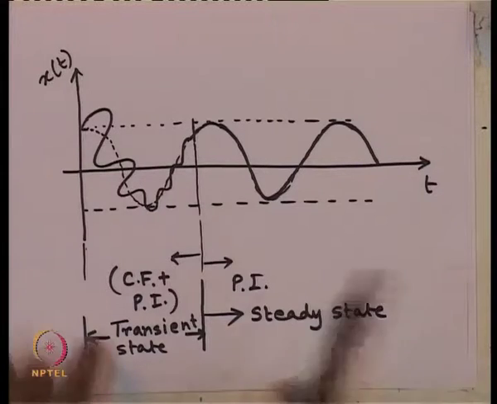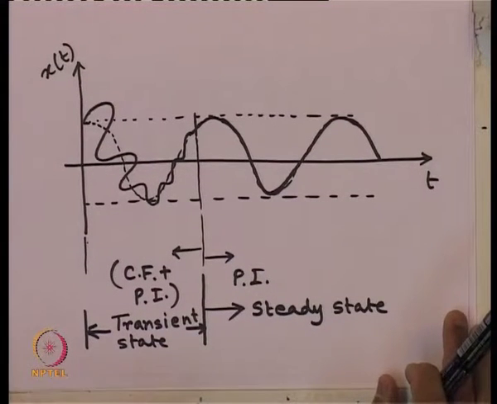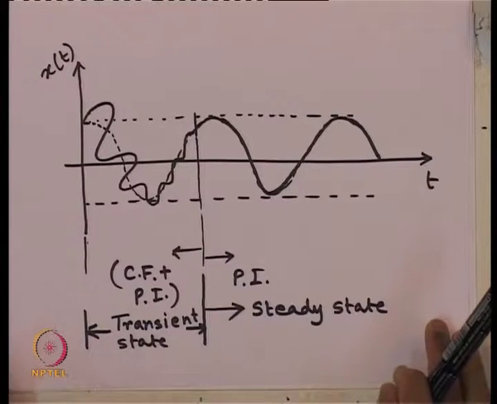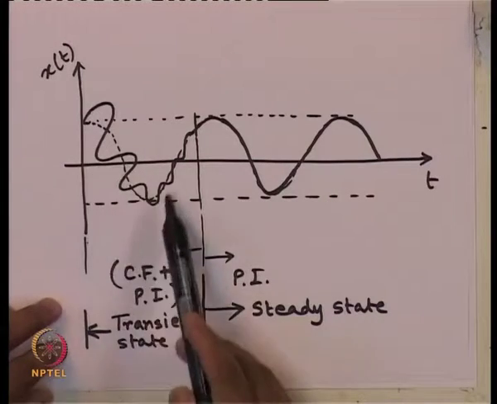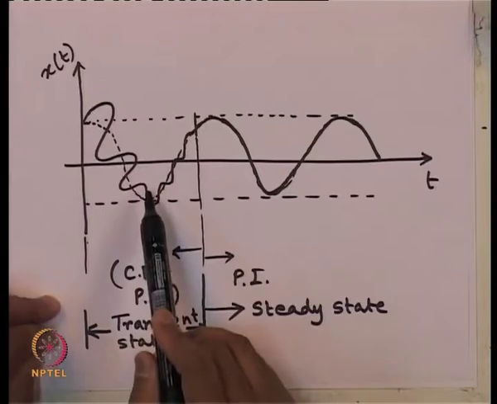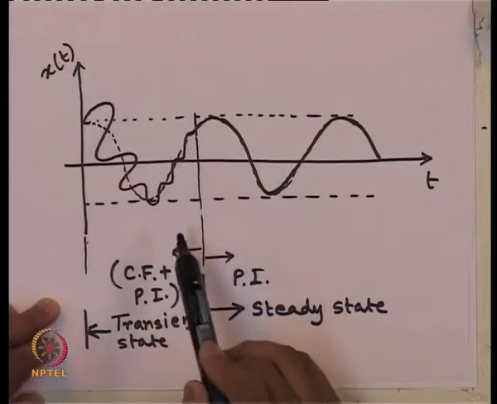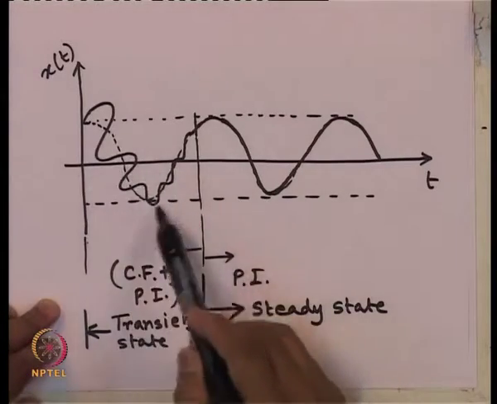And the transient state is that state of the system when the response is aperiodic, that is, the effect of initial conditions is present, because in this case all the effects of x naught, x naught dot, everything is present, and the response is aperiodic.